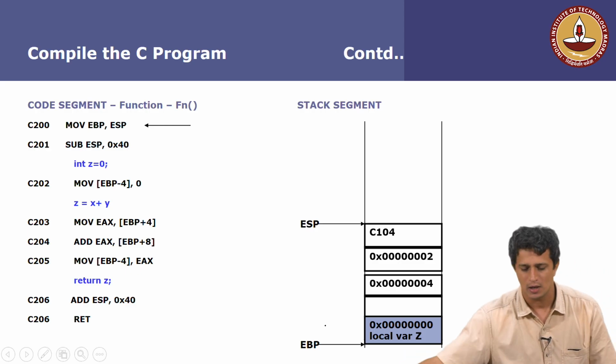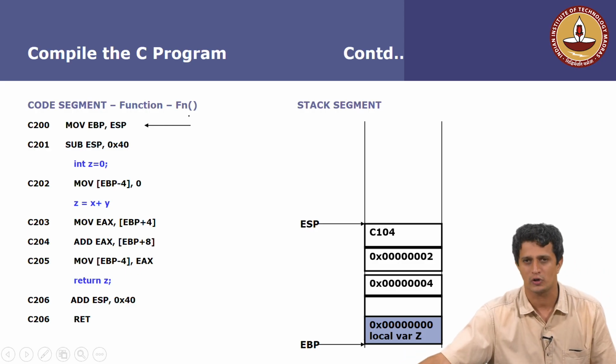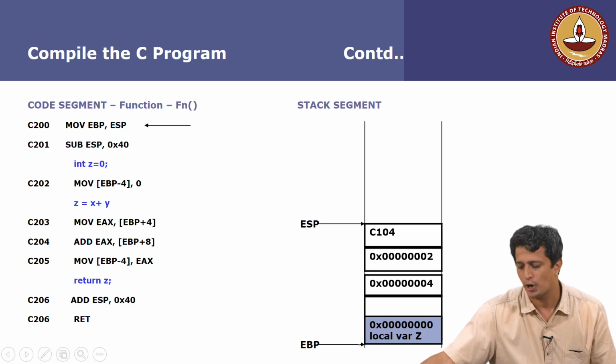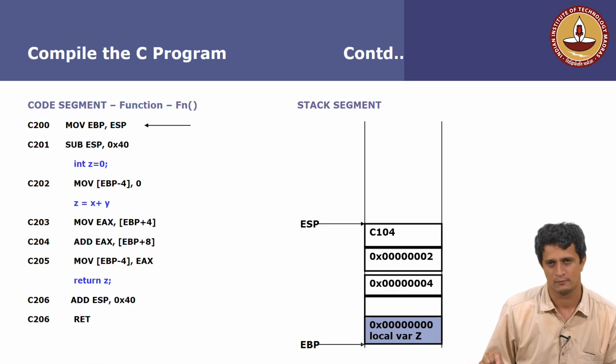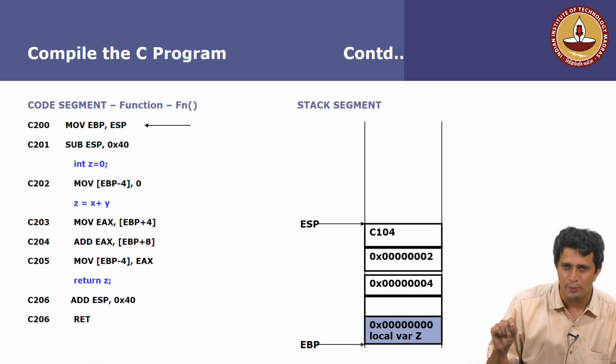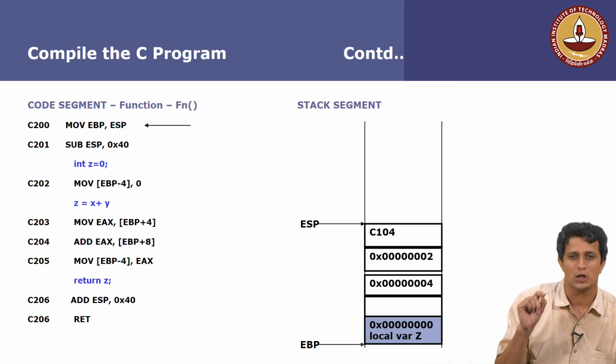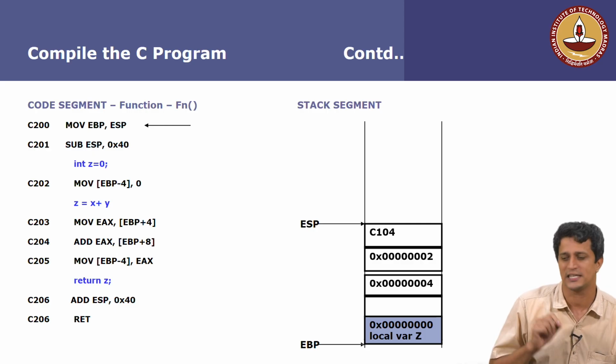So clearly, even before we start execution in this function Fn, our EBP is currently pointing somewhere in the local variable space of main. So in order to bring the EBP to the right context, I first need to move my EBP to the value of ESP.